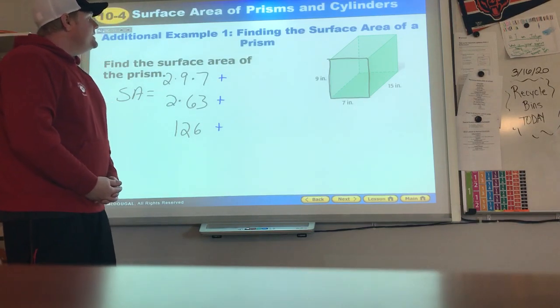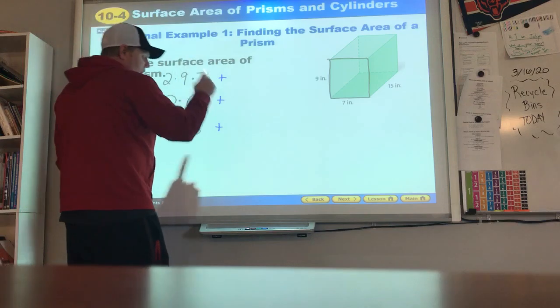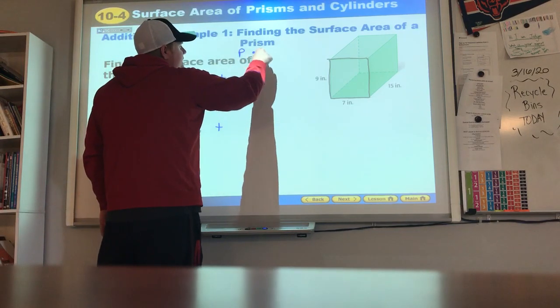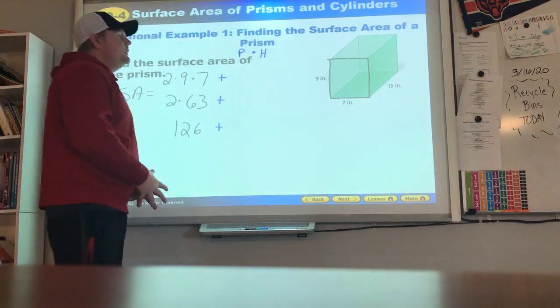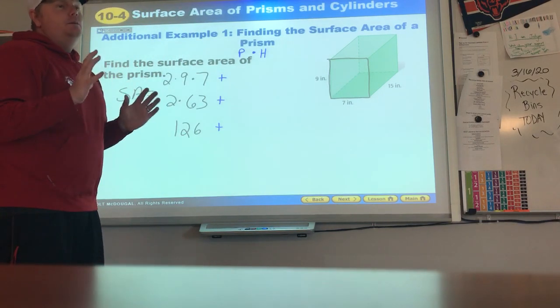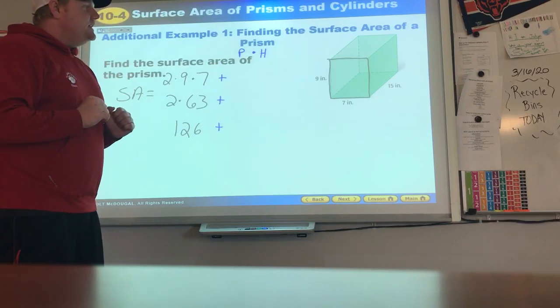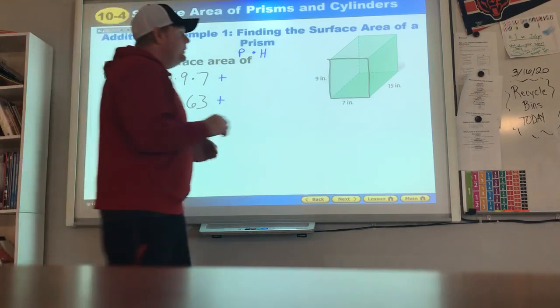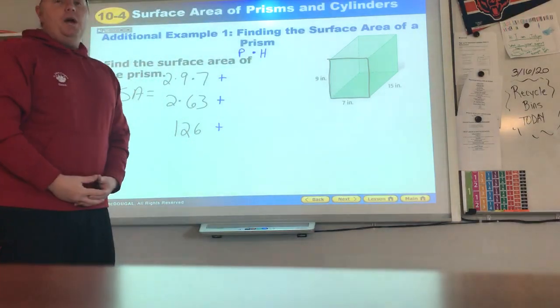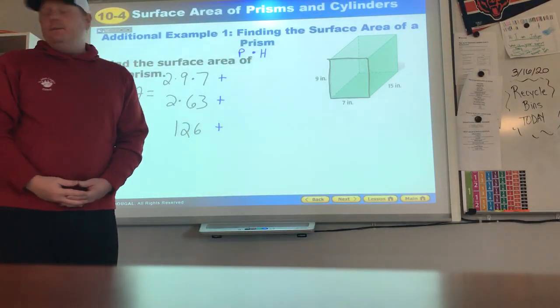Now, we look at taking perimeter times the height. We can do this because if we unfold these, we will have one big rectangle. All right?